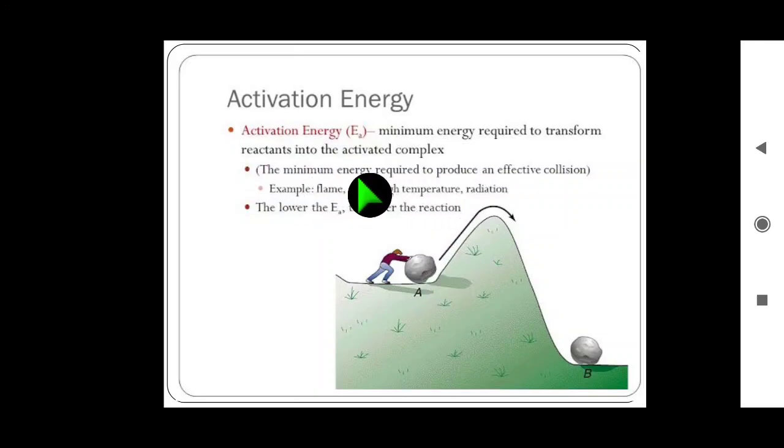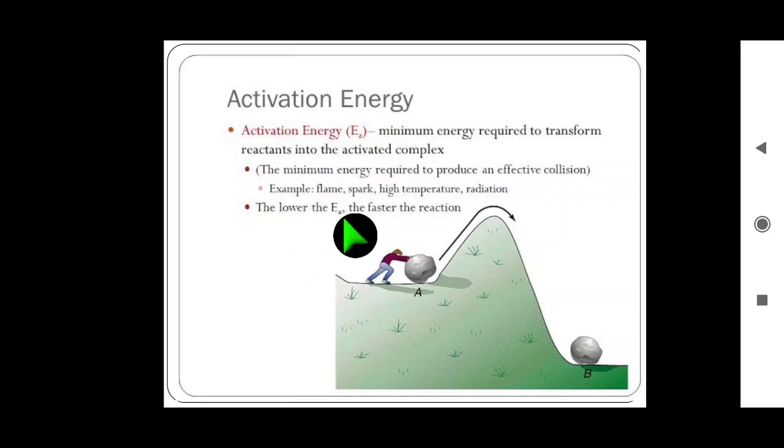That's why the statement is given: the minimum energy required to produce an effective collision, for example flame, spark, high temperature, radiation. Another important point: EA, that is called activation energy.